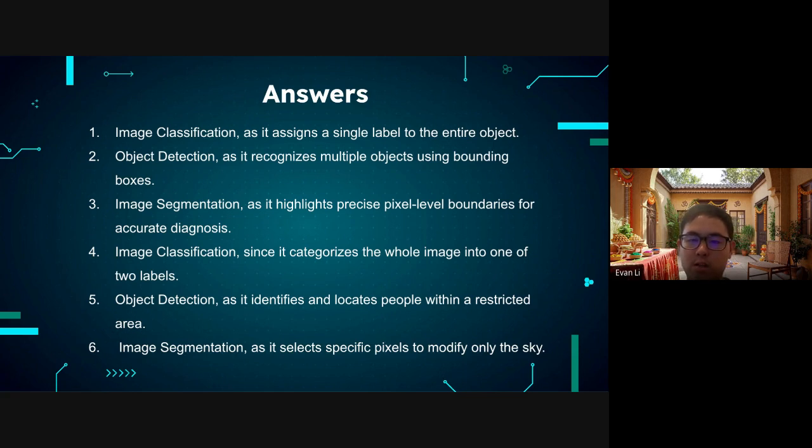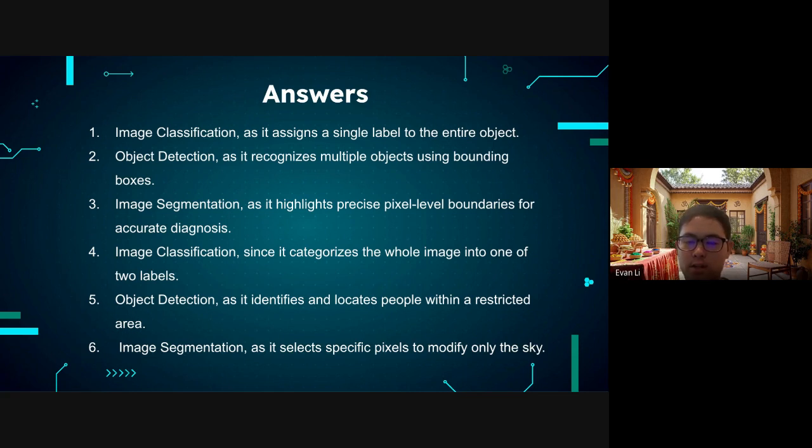Drawing bounding boxes around the detected individuals allows security personnel to know not just that someone is there, but also their specific position within the monitored area. Image classification alone would only indicate if a person is generally in the scene without providing their spatial coordinates.